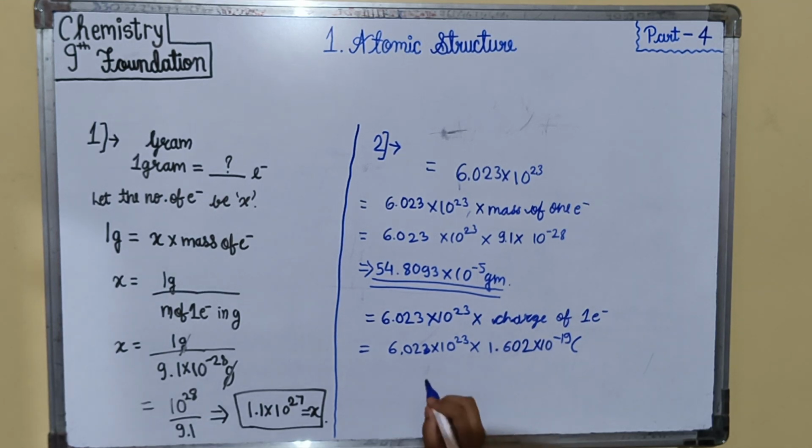By simplification, we'll get the answer, that is 9.6368 into 10 raised to 4 coulombs, approximately. So I hope you've understood both questions.